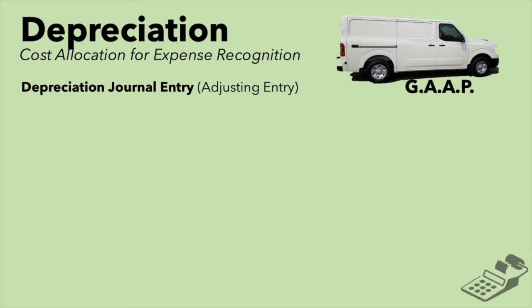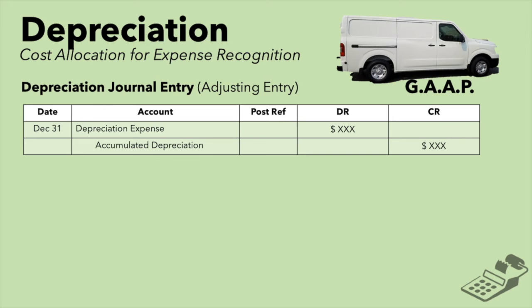Now, when we make this journal entry, it is an adjusting entry. Adjusting entries are made at the end of the period, whether we do these entries monthly, or quarterly, or annually. The journal entry that we're going to record is a debit to depreciation expense and a credit to accumulated depreciation.